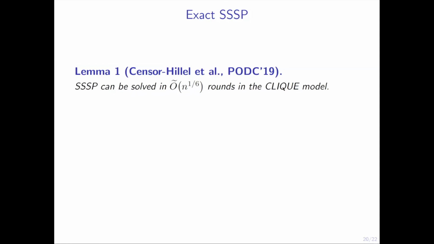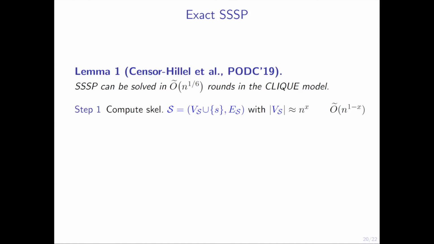So one of the more noteworthy results is that we get an improved algorithm for the exact SSSP problem. For this, we can use the following result by Censor-Hillel et al., that we can solve SSSP in n to the 1 over 6 rounds in the CLIQUE model.